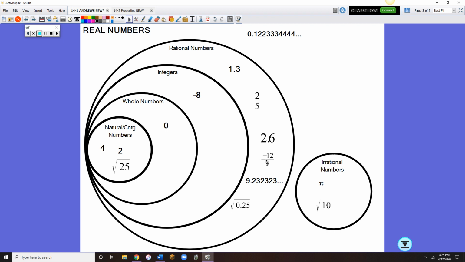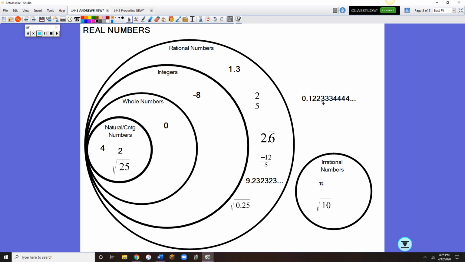That would be a decimal. We can't bring it into the integers ring, so it has to stay in the rational part. And the fact that it's negative really doesn't have anything to do with it. It's the fact that it would divide out to a negative 2.4, and that would be a terminating decimal.